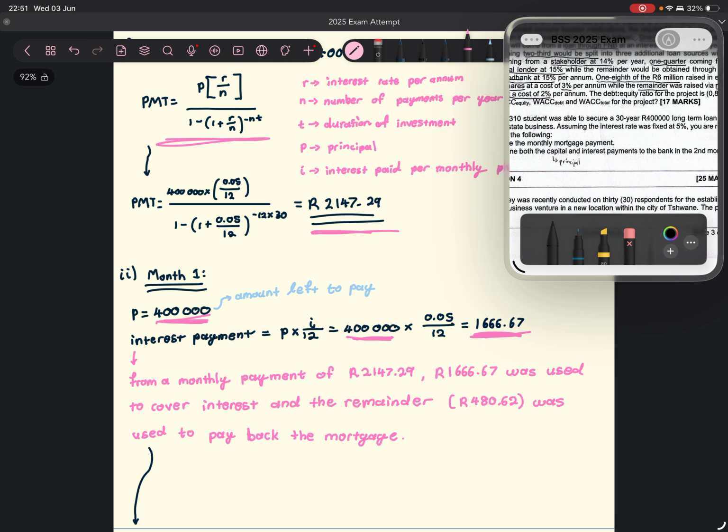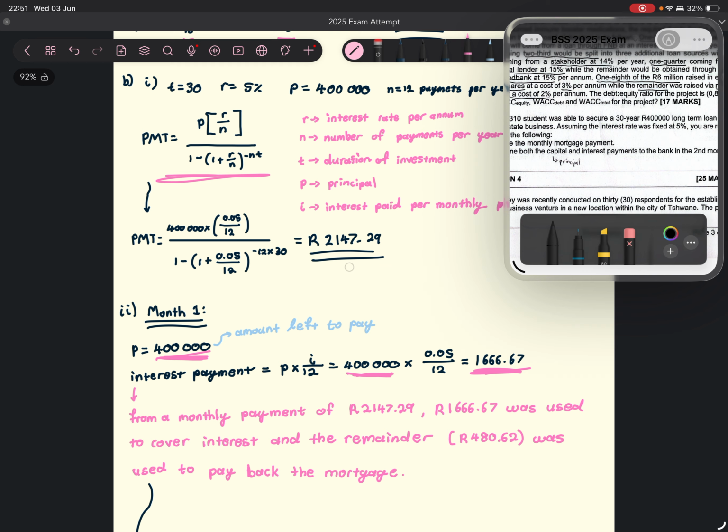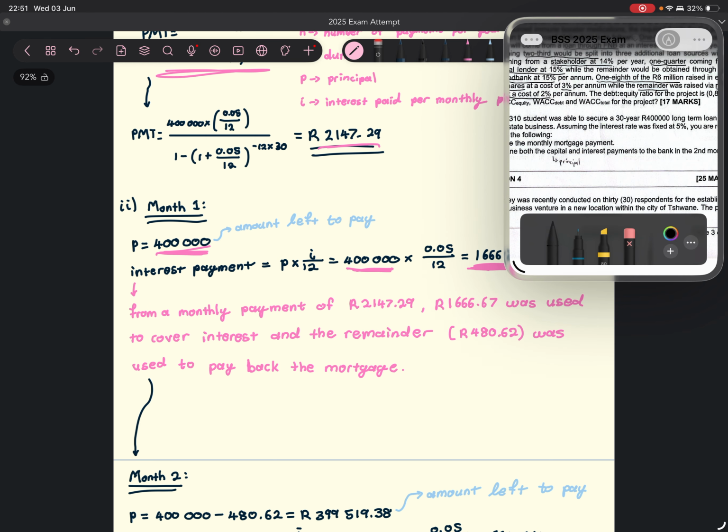Because you're making a payment of 2,147 a month, you can say this minus that. That will give you the amount that was actually put towards paying your debt, which is going to be 480.62.